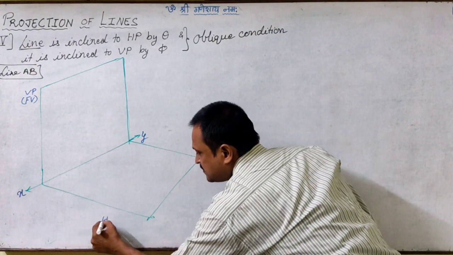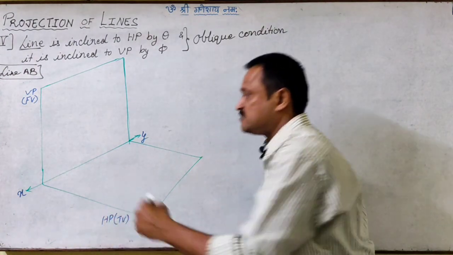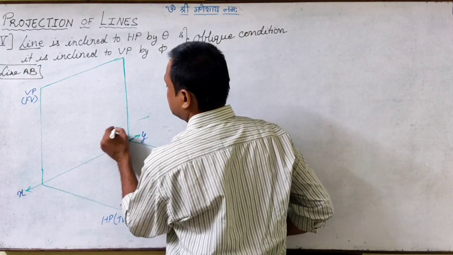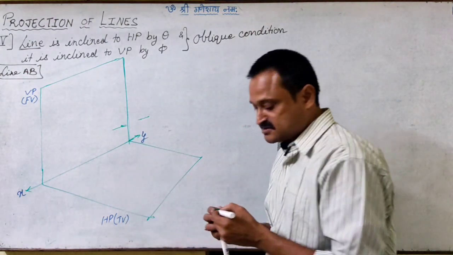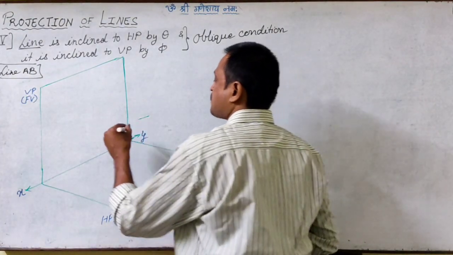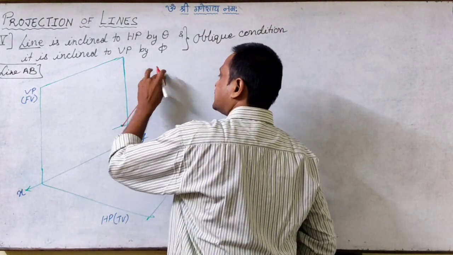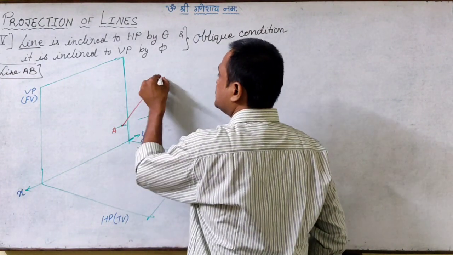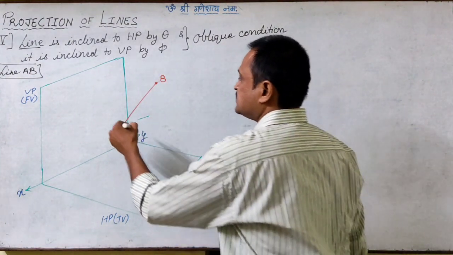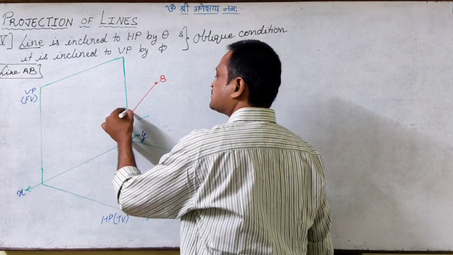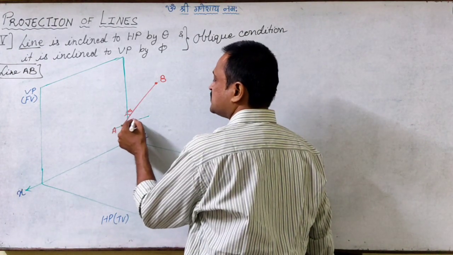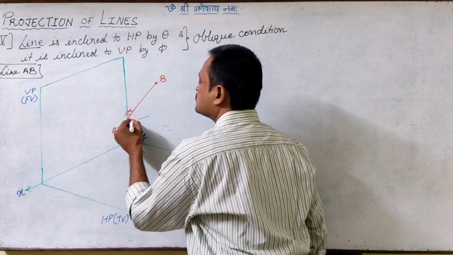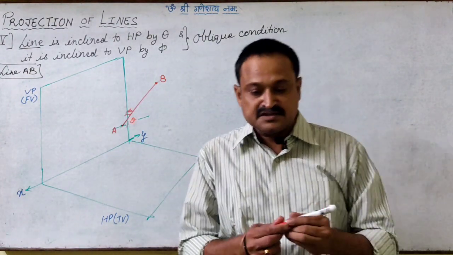This is the horizontal plane where I will get the top view image of the line, and the line is such that it is inclined to both the reference planes. I will show it somewhat like this. We have named this line AB. It is inclined to VP by some inclination phi, and it is inclined to HP by some inclination theta. So it is inclined to both the reference planes. That is what is mentioned.